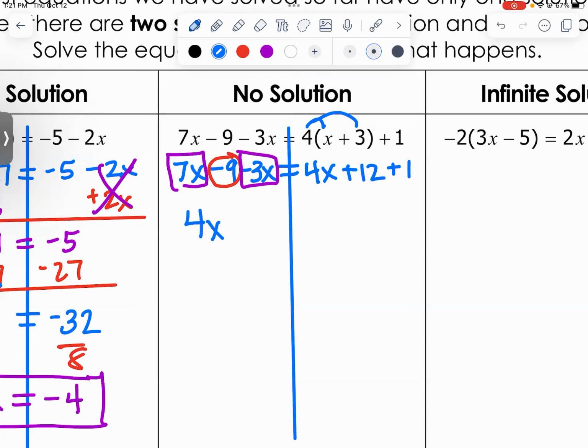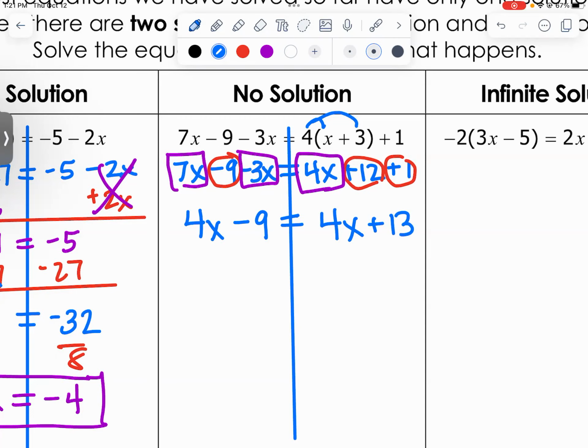So we have 4x minus 9. Over here on the right side, we have some like terms. 4x can't combine with anything, but what is 12 plus 1? So we have 4x minus 9 equals 4x plus 13.